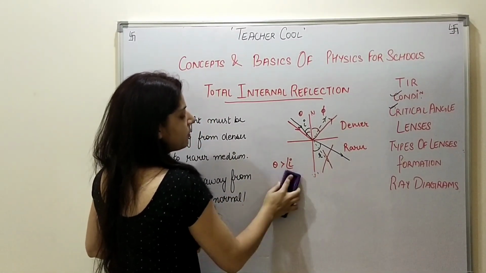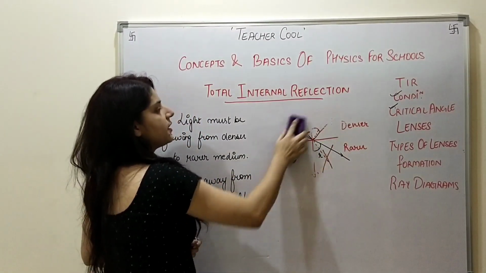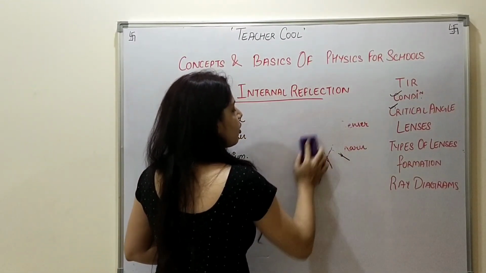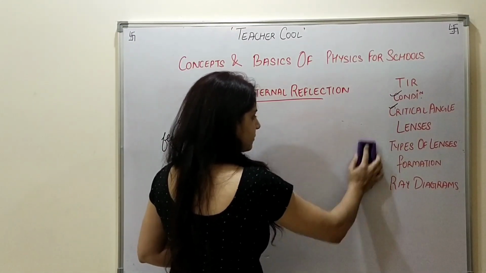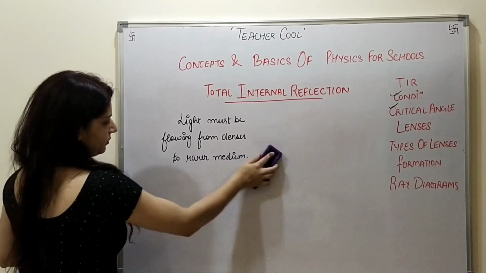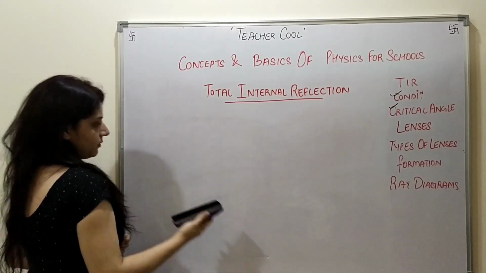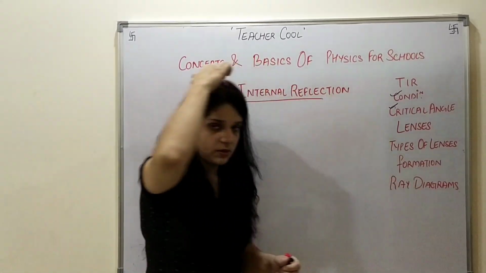The first and the most common example of total internal reflection is the sparkling effect of diamonds. Now what happens?